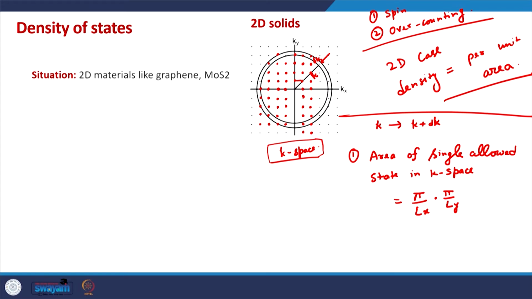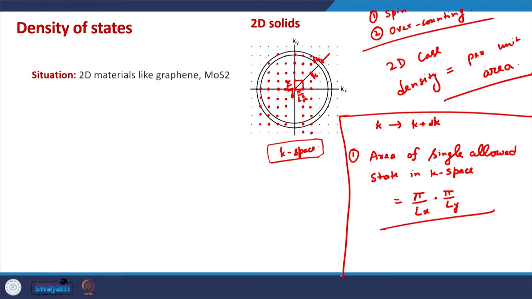So, this is the area of one allowed electronic state in the k space.